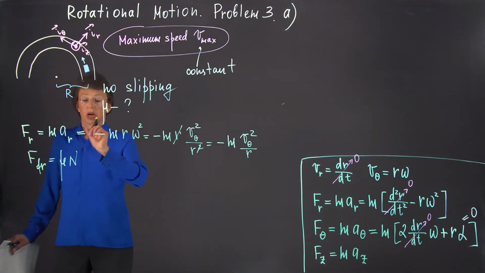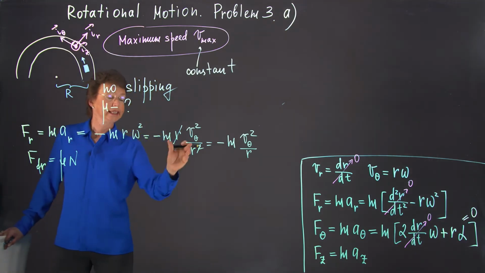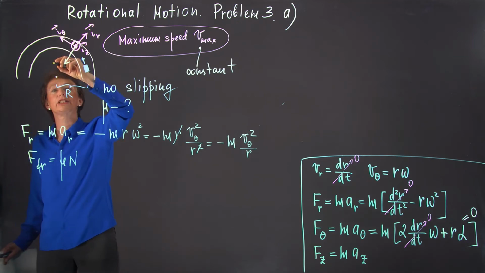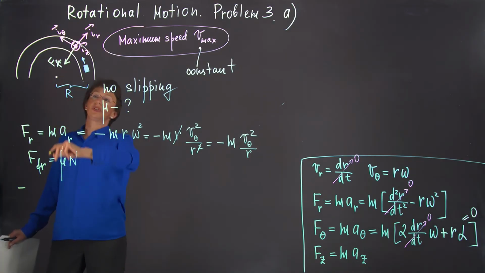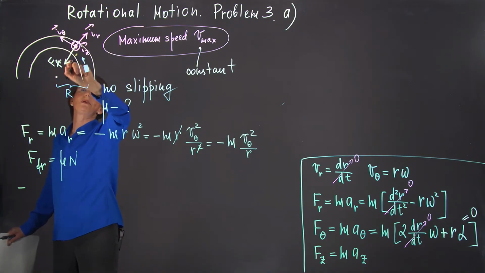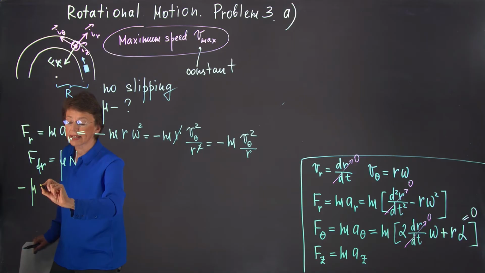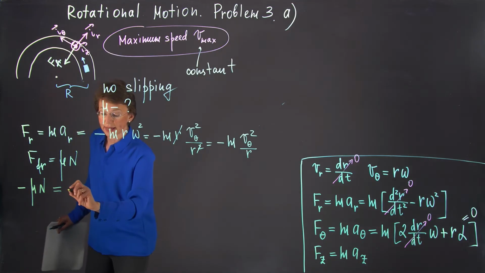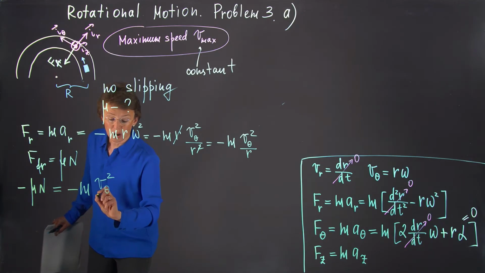We just figured out that the projection FR is negative, so the force acting on the car is towards the center. This is the force of friction. I have to put a negative in front of it because it is in the opposite direction to my positive direction of IR. So it is minus mu N, and this is equal to minus m V theta squared over R.